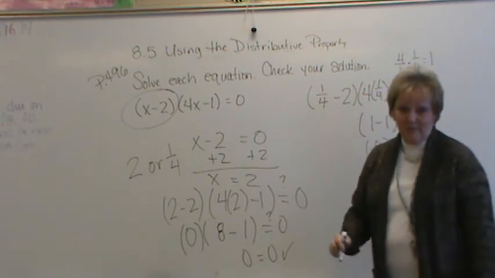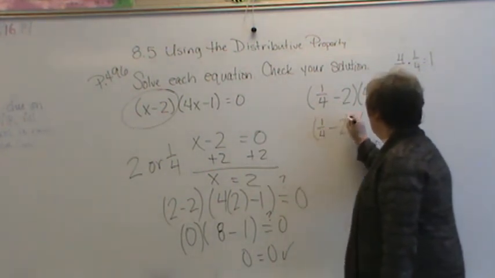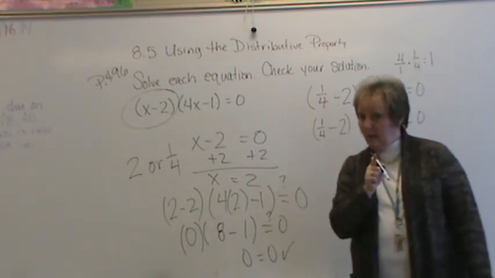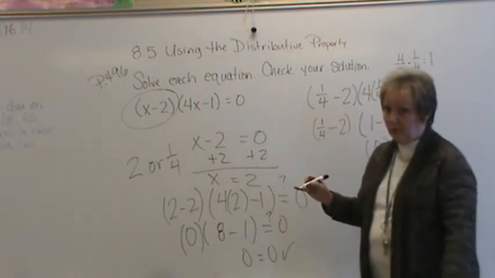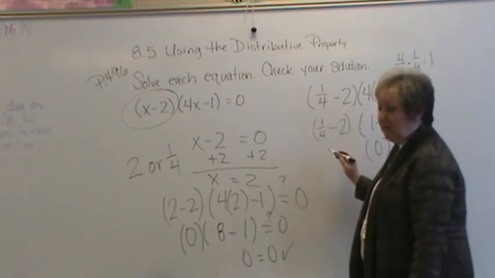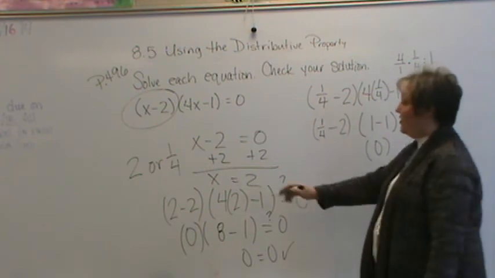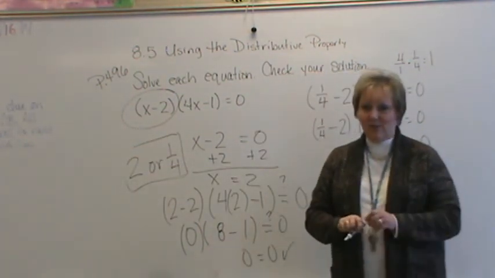So guess what? In your check, if you can't do 1/4 minus 2, first off, you have to learn how to do that, because sometime or other you're going to need to know that. But for short-term purposes, it doesn't matter what this equals, because anything times 0 is 0, so my 1/4 checks out, and that is your answer.